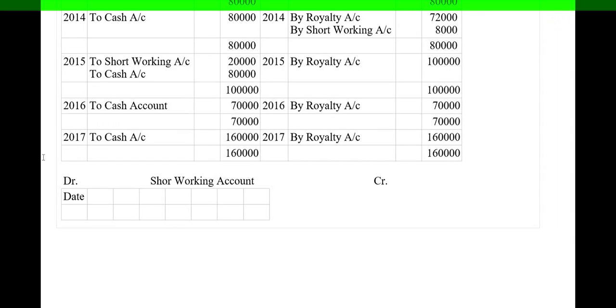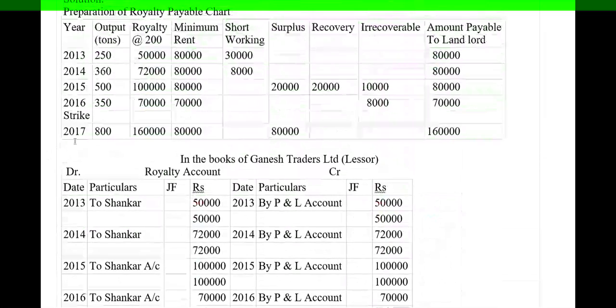So date, particulars, journal folio, rupees, date, particulars, journal folio, rupees. Wherever we have got short working, till that we have to prepare here now.